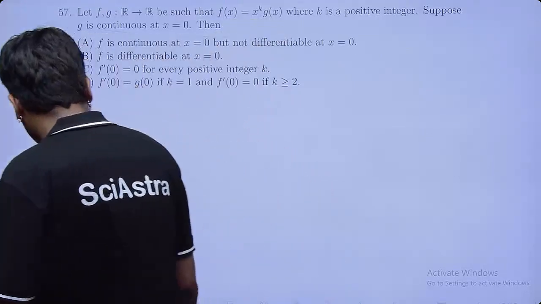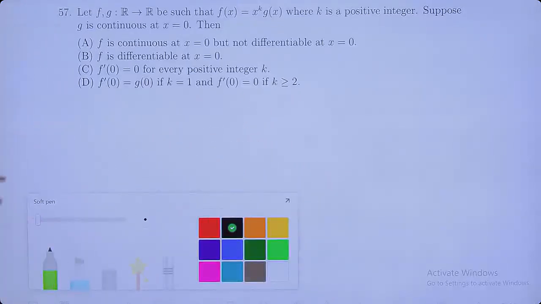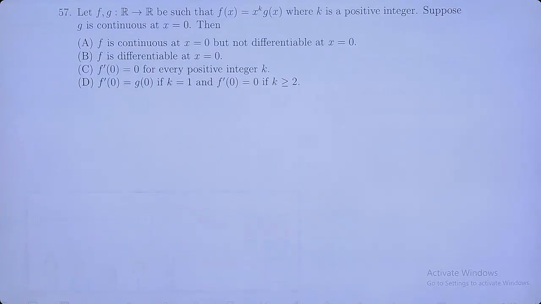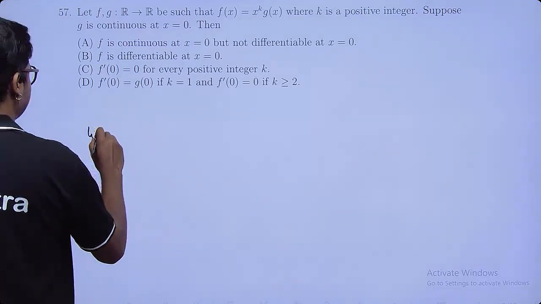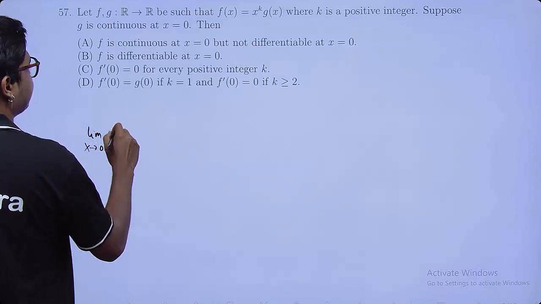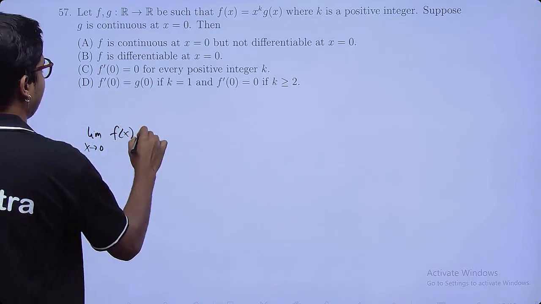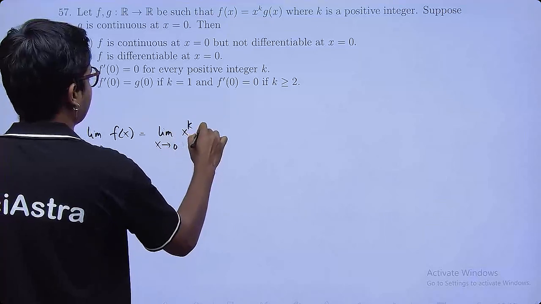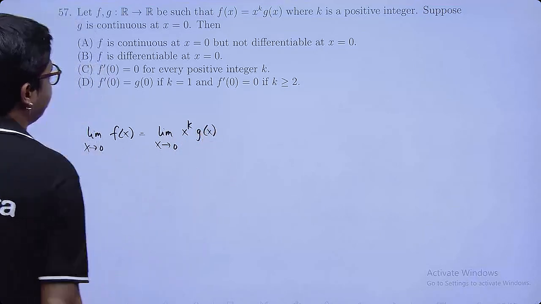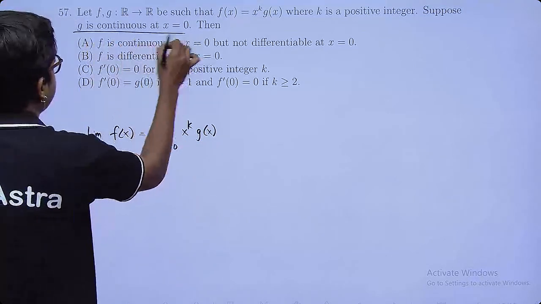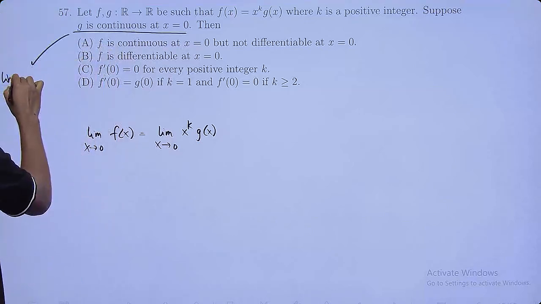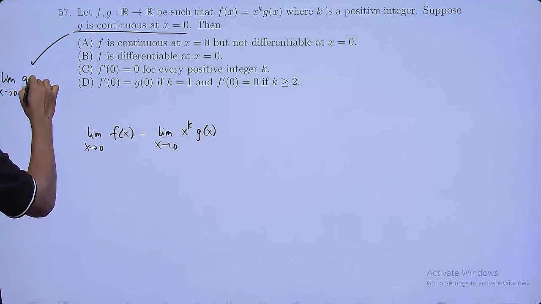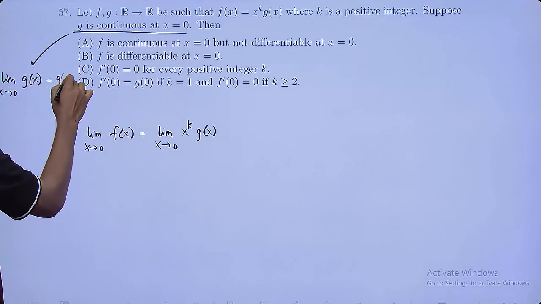Again, 57. What do we have? So you have a function f which is given to you and another function g that's given to you, right? All right. So if I look at limit x going to 0... Now see, g is continuous at x equal to 0, which means limit x going to 0 g(x) is nothing but g(0), whatever that is.